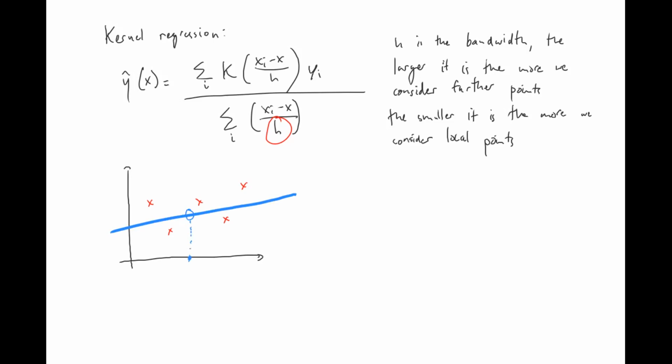Okay. But instead of doing that, suppose I still wanted to know Y here. So at this X, what is Y? And so we can actually do something kind of similar to KNN.